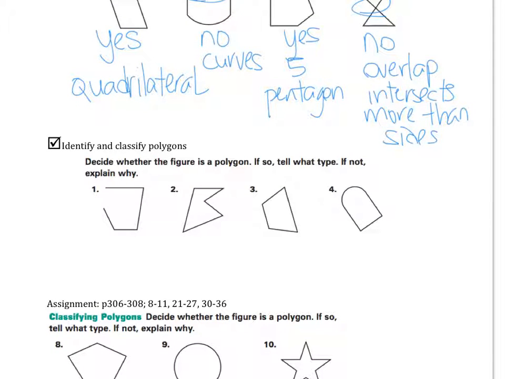So in our checkpoint here, we decide whether the figure is a polygon. If so, what type? So you can try those on your own, then check your answers as you continue with the video.